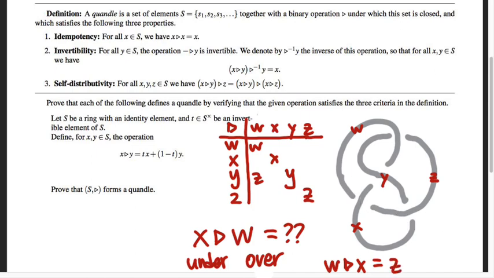In particular, W goes underneath X and turns into Z. So if I want to know what X triangle W is, then is there a way to infer that from this equation? So what if I triangle with W on both sides?